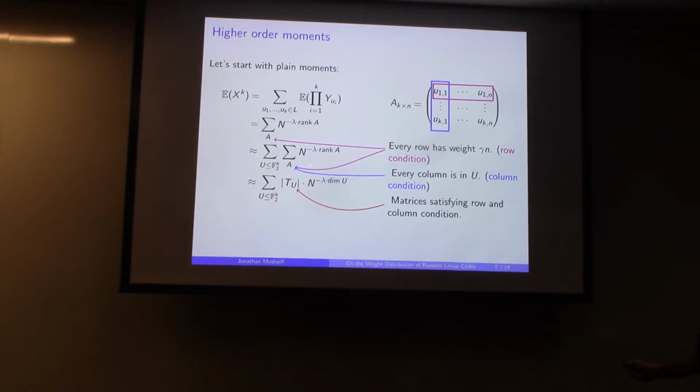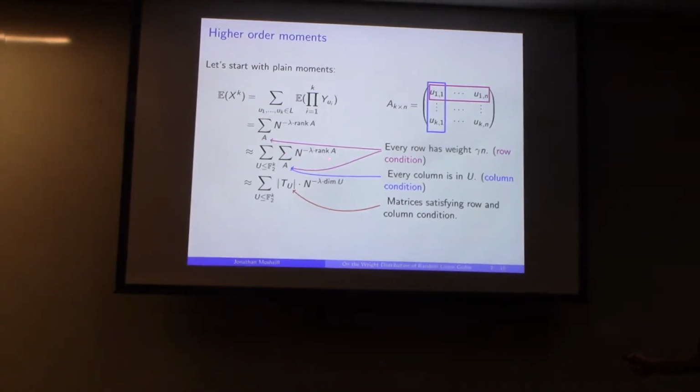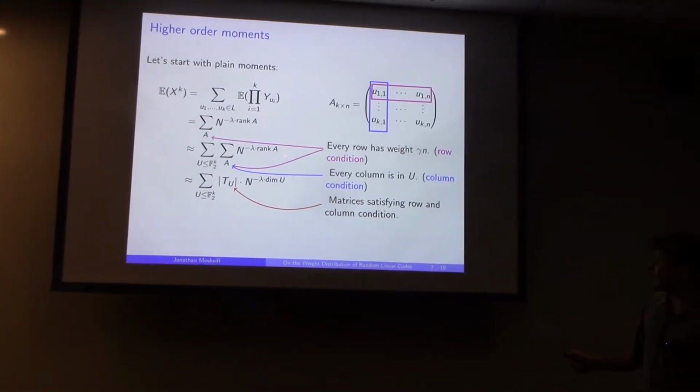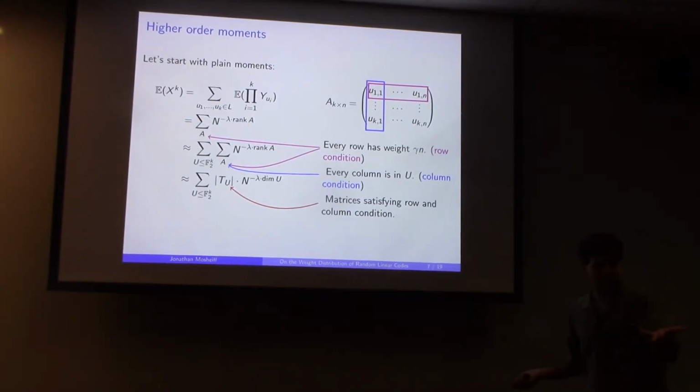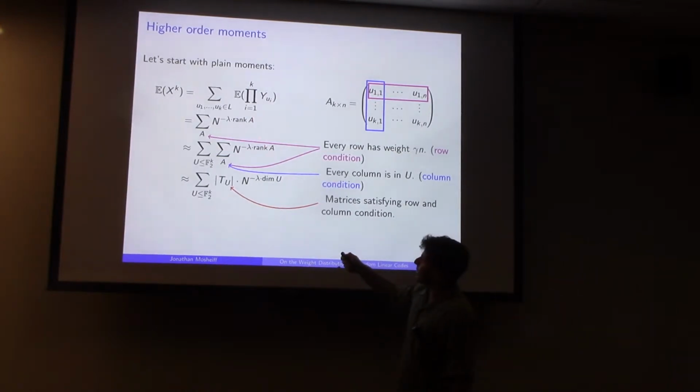And now I can say that the matrices with this specific column space all have the same rank, because they all have the rank of that given column space. So instead of taking rank A here, I can take the dimension of U, and then I find myself looking at this sum, which is what we're going to compute. What's this sum?